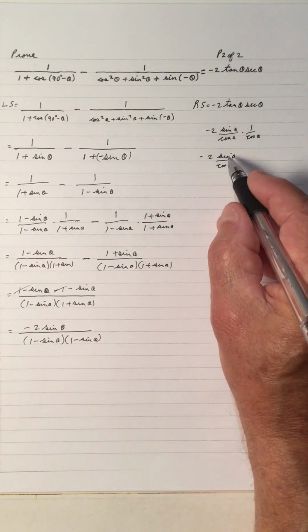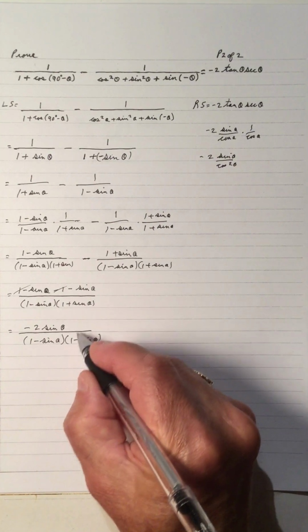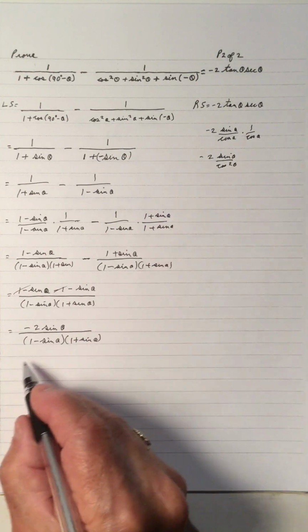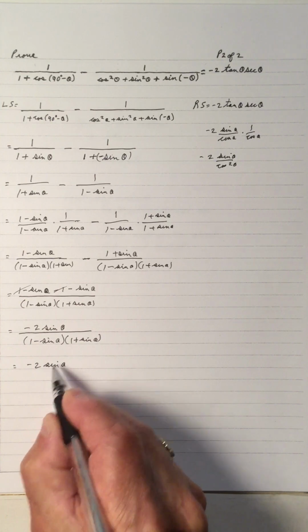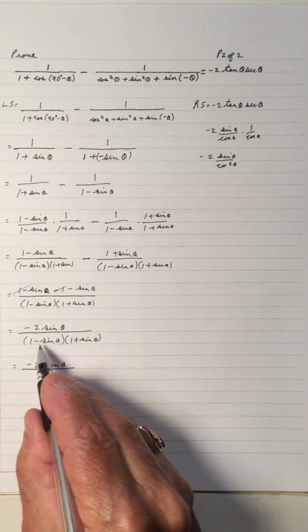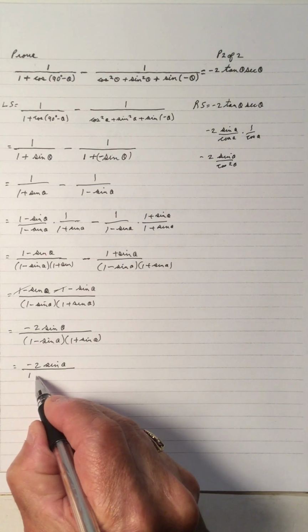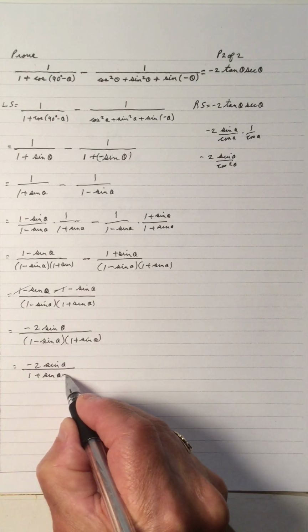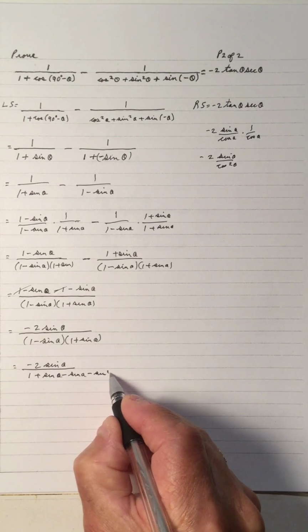There it is. So that means that 1 minus sine theta and 1 plus sine theta multiplied must become cos squared. So how do we do that? Well, we just multiply it. These are the factors of a difference of two squares. If you multiply this out, you get 1 plus sine theta minus sine theta minus sine squared.